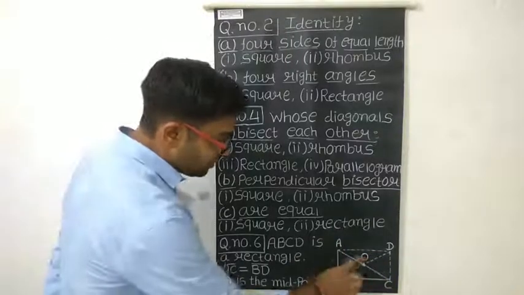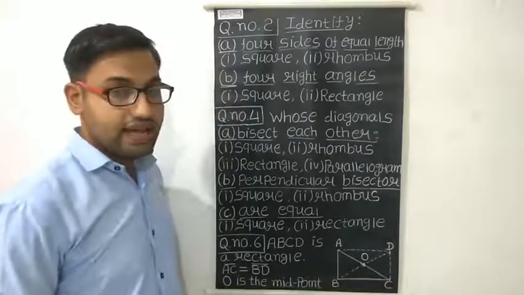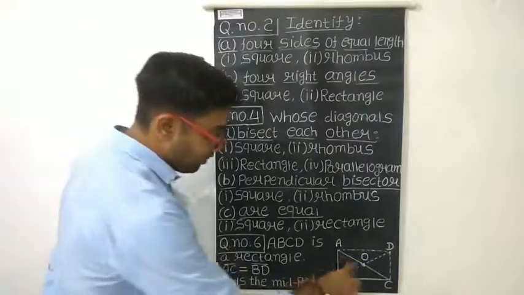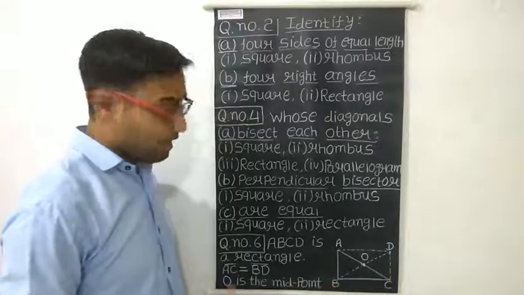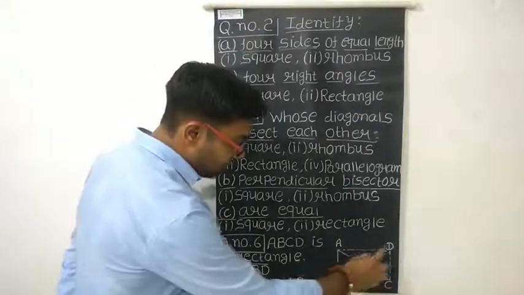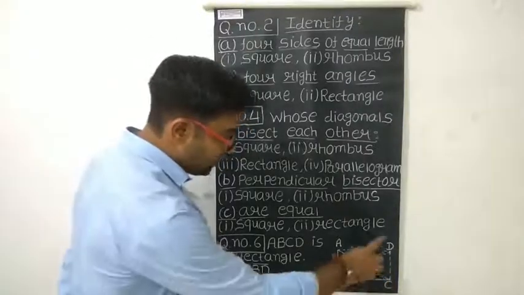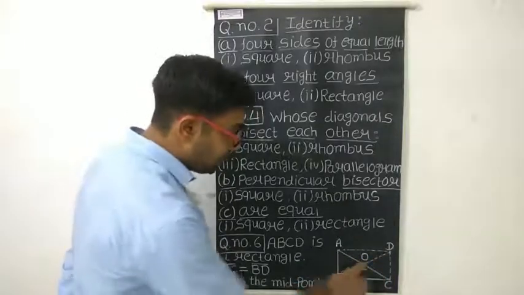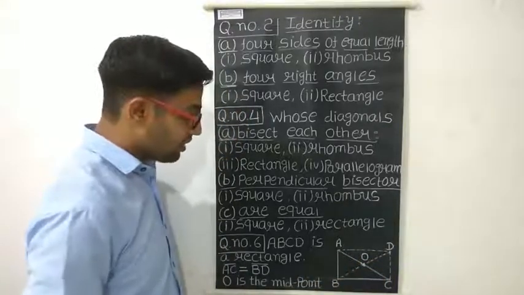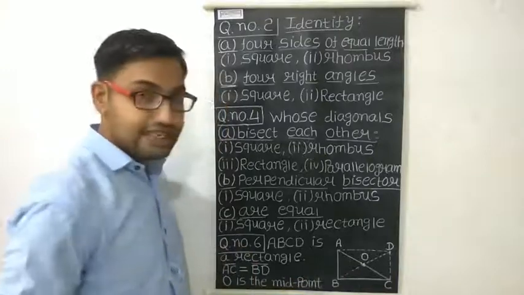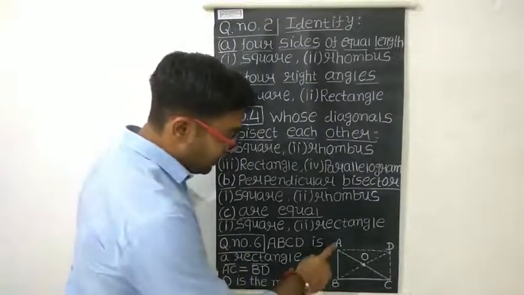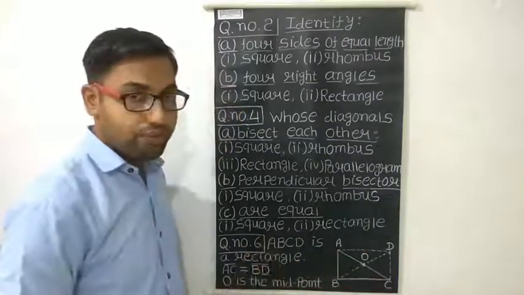And O is the midpoint of this hypotenuse AC. Now here the dotted lines are drawn, A to D, D to C and B to D. So we have asked why this O is equidistant from all 4 points A, B, C and D.